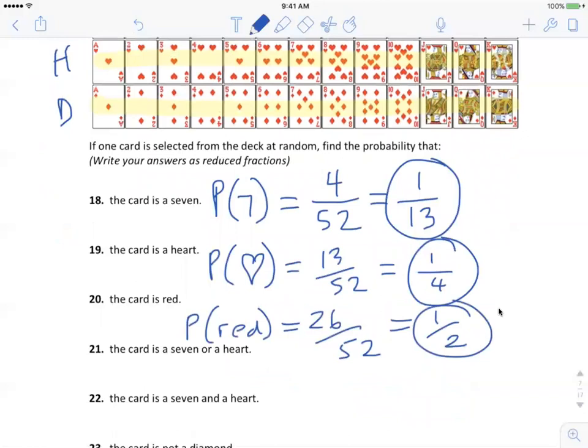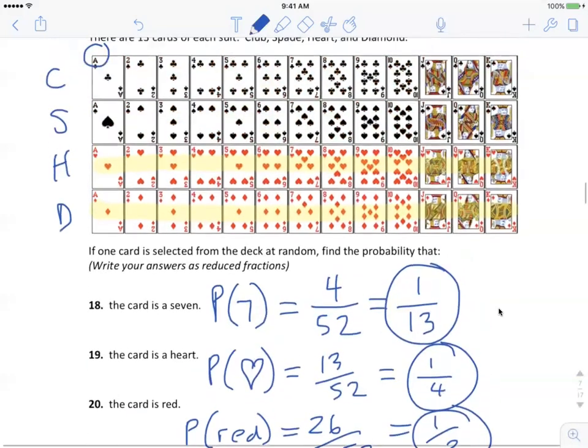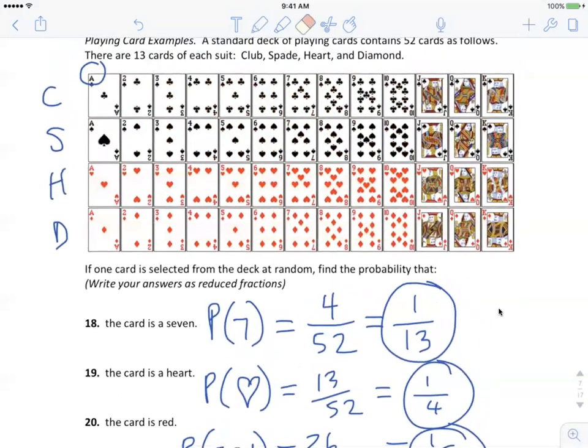How about the card is a 7 or a heart? Probability of 7 or heart. Well, I already know the bottom number. It's 52. That's no surprise. I just have to count up how many cards are either a 7 or a heart. I've got to be a little bit careful here. Here's all the hearts. I'm going to count up all those. And here's all the 7s. I'm going to count up all of those. Careful, because one of the cards I highlighted twice, namely the 7 of hearts. Just careful not to double count that.